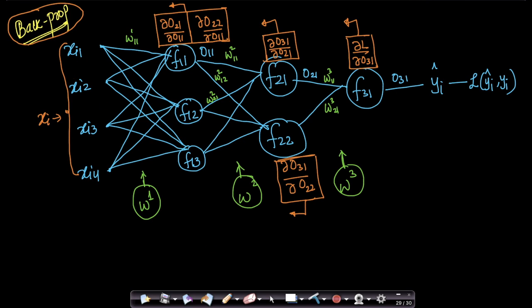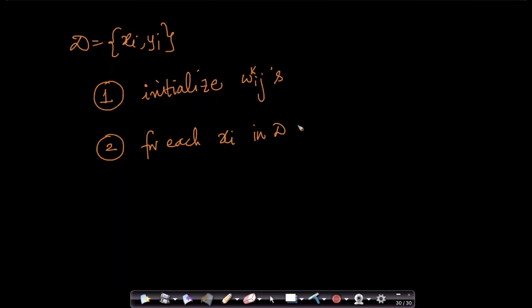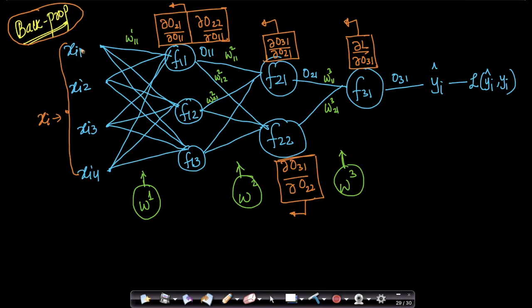So this step here, where you pass xi forward through the network, what do you do? You send whatever is the value of xi1 and multiply it with w111. Similarly, xi2 is multiplied with w121, because this value here is w121, and so on and so forth.